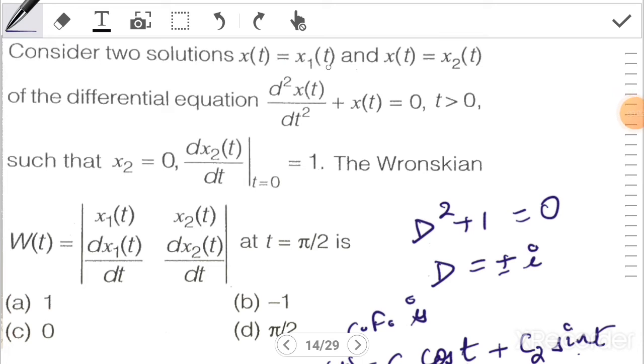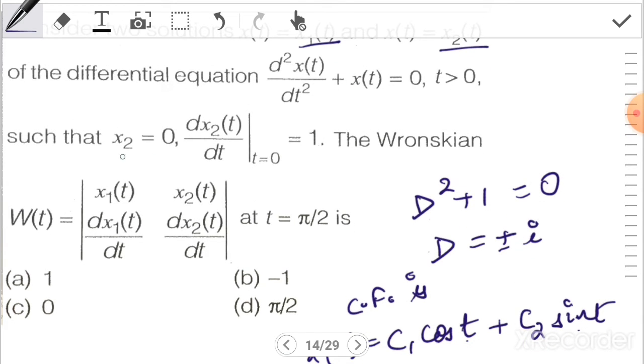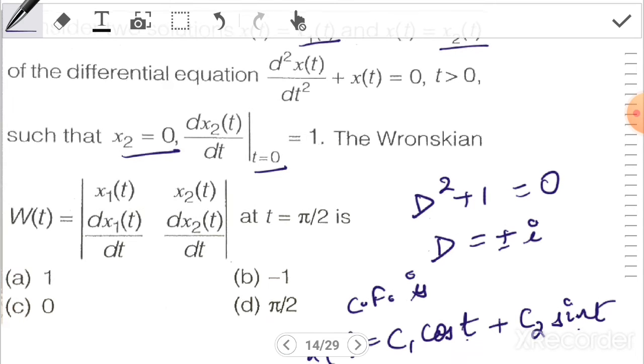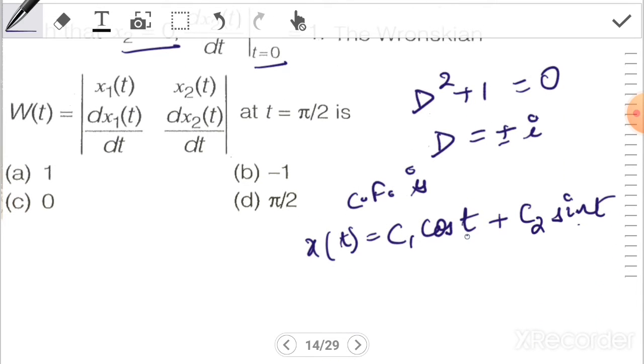We have to consider two solutions x1(t) and x2(t) such that x2 is equal to 0 at t is equal to 0. So at t is equal to 0, this is equal to c1 which is not equal to 0, and at t is equal to 0, this is equal to 0. That means this is x2.